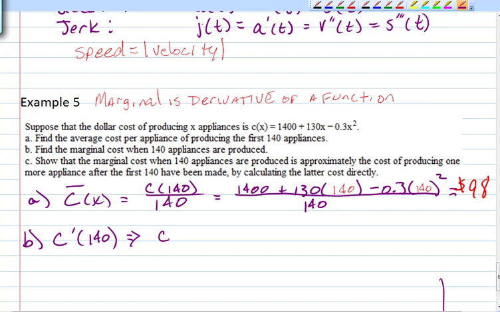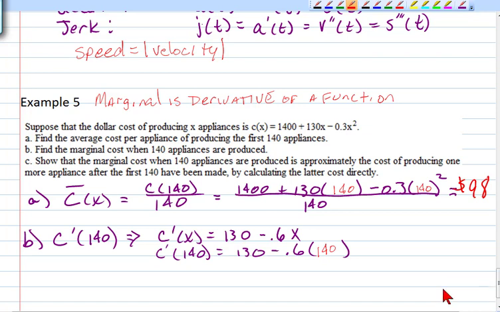C prime of x is going to be: the derivative of 1400 is 0, the derivative of 130x is 130, and the derivative of negative 0.3x squared is negative 0.6x. So the derivative evaluated at 140 is going to be 130 minus 0.6 times 140.